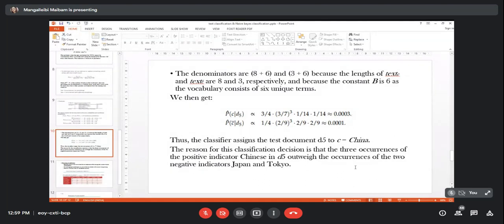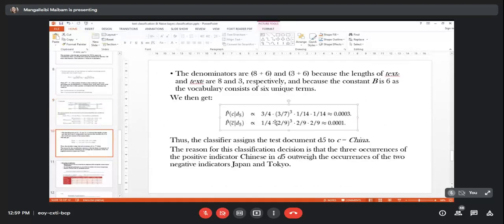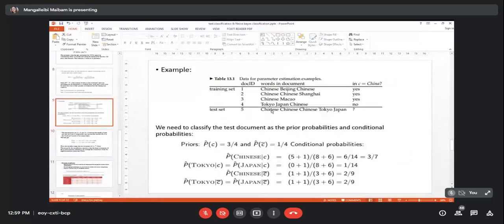Similarly, you have to calculate for North China class also. For North China class, the first one is the prior probability value, which is 1 by 4. We have calculated it here. After that we have 3 Chinese in the test set.